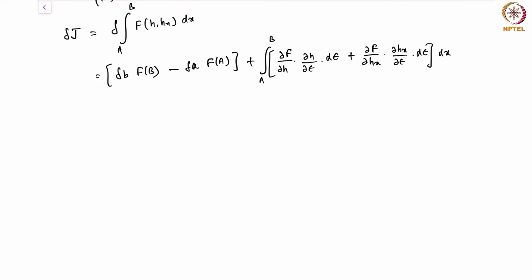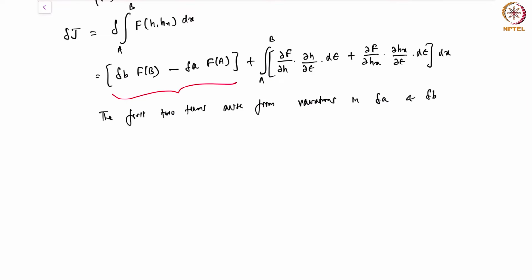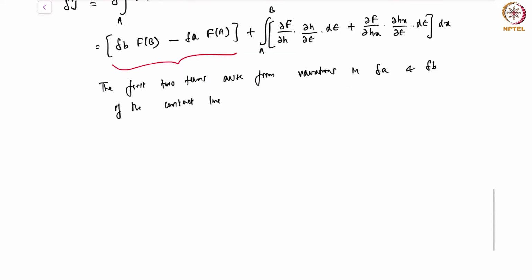So the first two terms are variations that arise from variations in delta A and delta B of the contact line. That's the first observation.